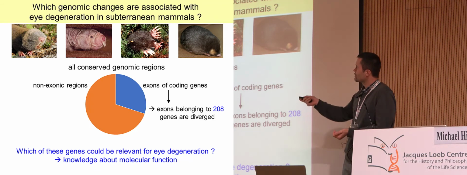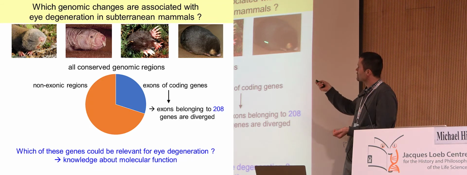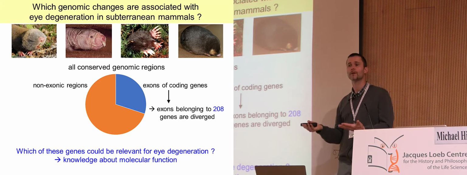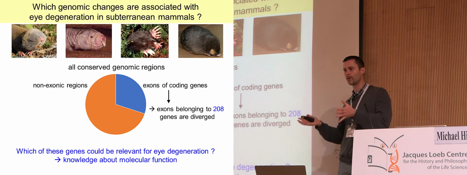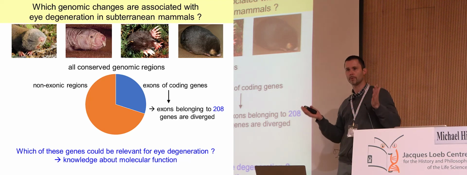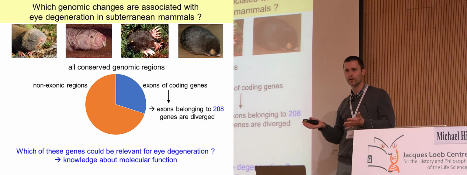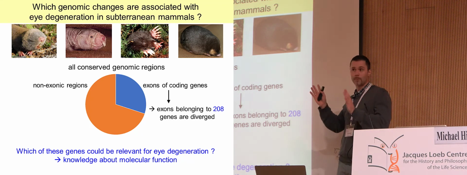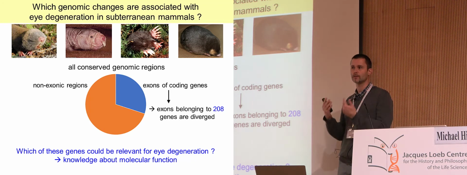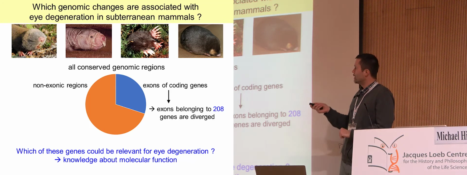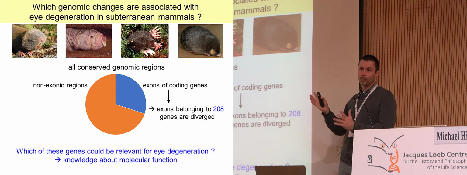And I say this because those mammals probably also share many other traits in addition to having degenerated eyes. Living in these burrows means you have to deal with hypoxia, for example, the low oxygen content. There are probably a whole suite of adaptations that were necessary to thrive in this environment. And we only have 4 lineages.